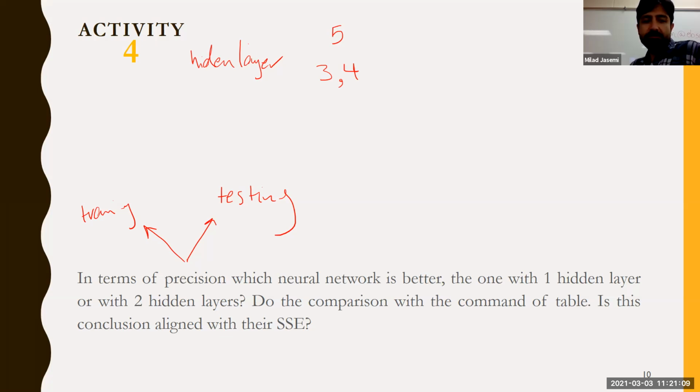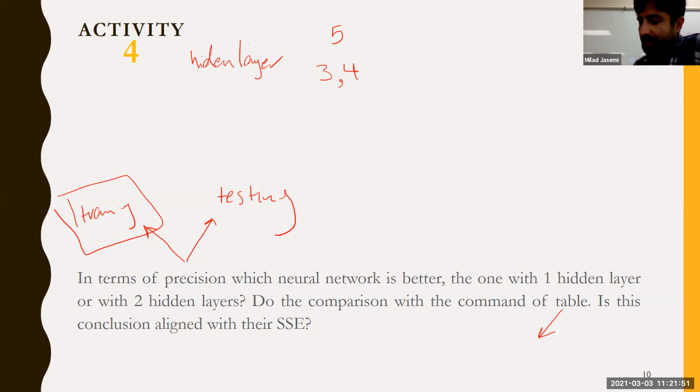And check the results. So here, when it asks you in terms of precision, which neural network is better, it means the training with training data, the one with one hidden layer or the one with two hidden layers. Do the comparison with the command of table. Here it asks you, when you want to calculate the precision, use this more advanced type of code that we just discussed together. And after that, it asks you, is this conclusion aligned with their SSE?